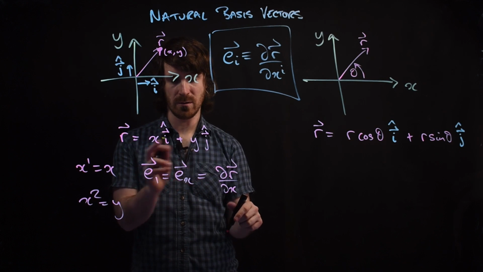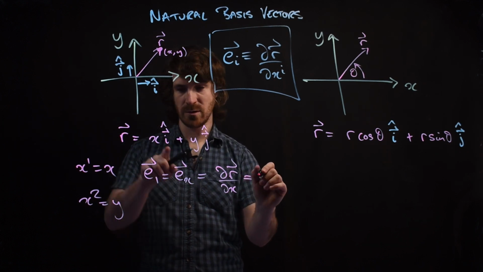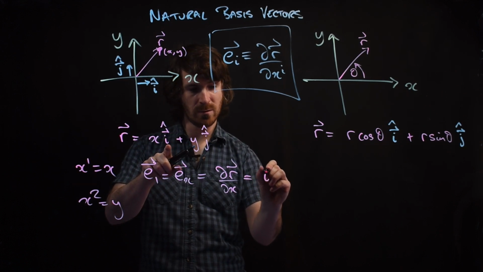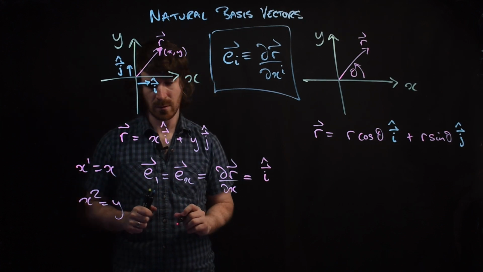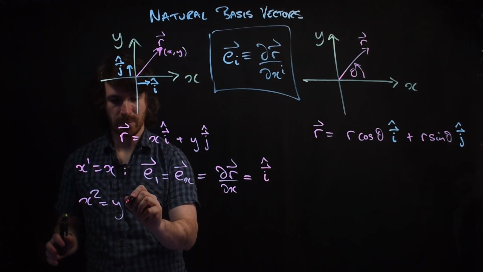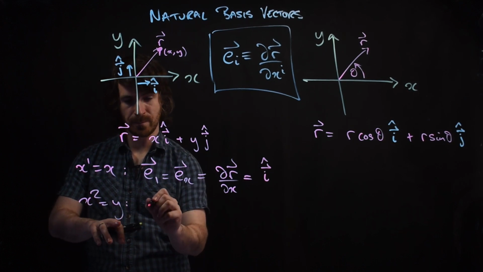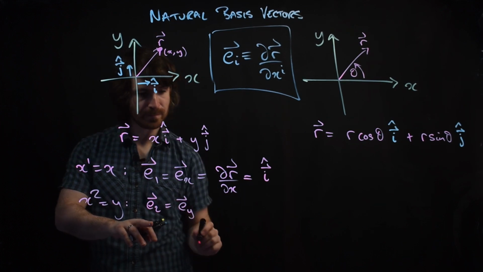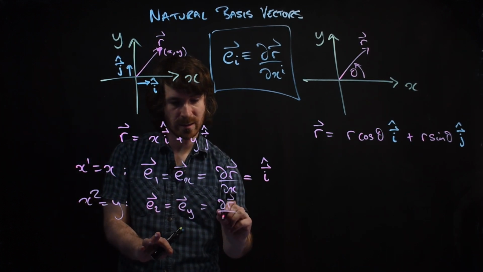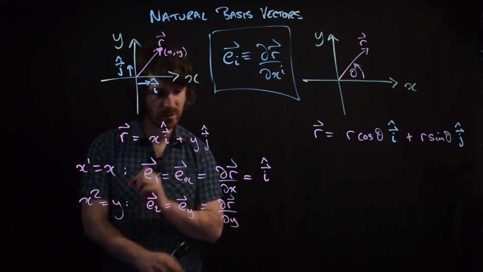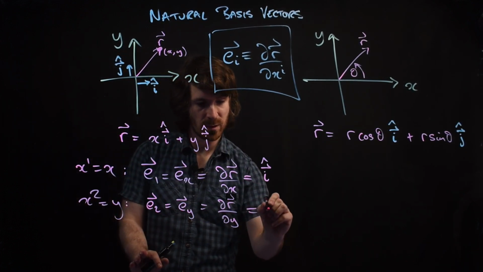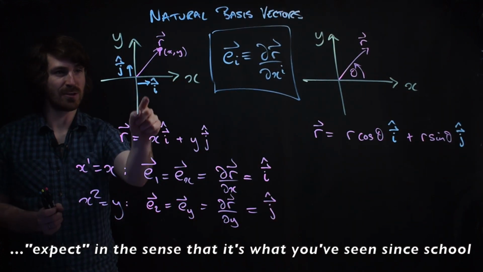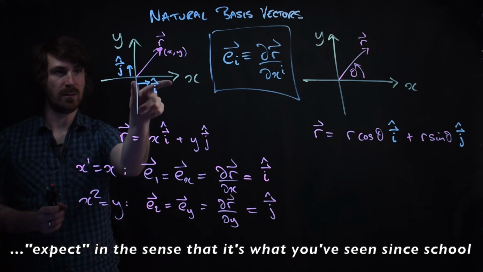So we keep y constant and vary x, then this just gives us the differential of x i hat, which is just 1 times the unit vector. Similarly for the second coordinate, which is y, our natural basis vector in the y direction, we call it E_y, it's dr by dx2, which is y. It's no surprise this gives us j hat, as you expect. These are our natural basis vectors in the x and y directions.